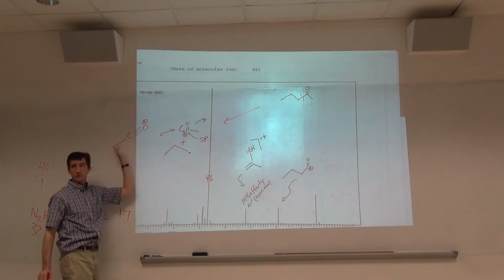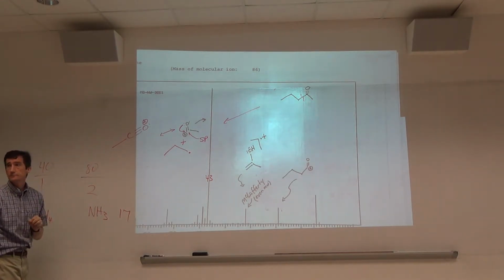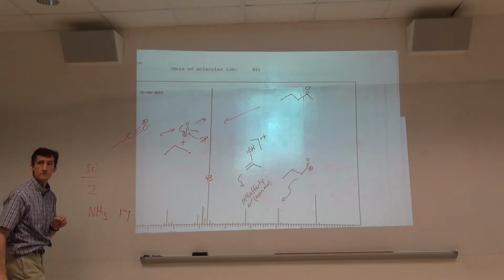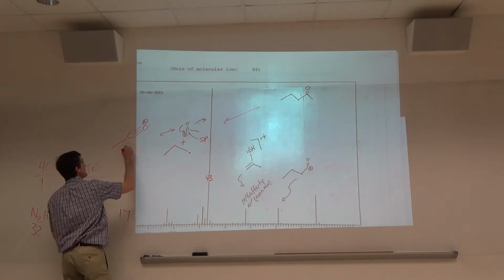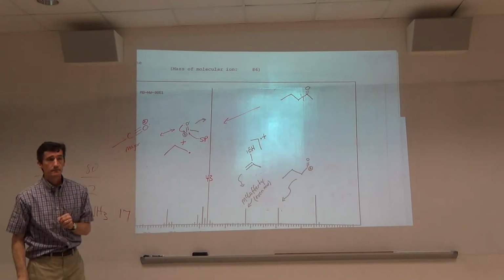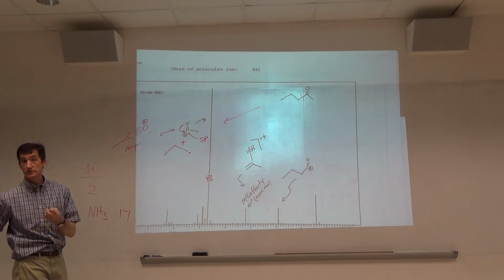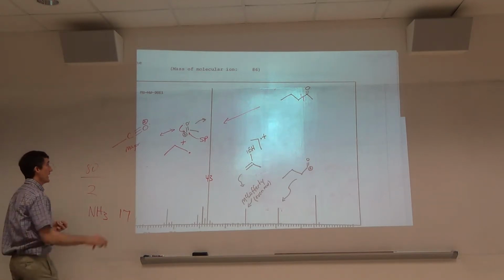Which is the major resonance structure? Left or right? Marco? Yes, this is major. Why? More bonds. Okay? Even though oxygen is positive, we know as long as we have an octet, oxygen's okay being positive.